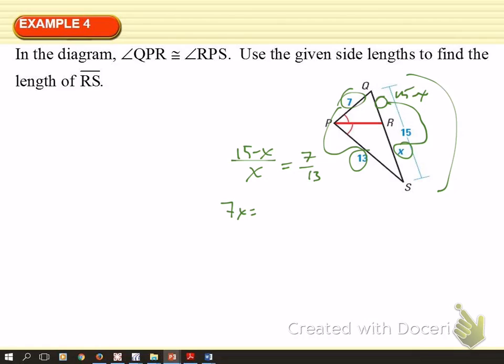Cross multiply. Right? And then solve and discover that RS is 9.75. And there are certainly other ways you could set that proportion up.